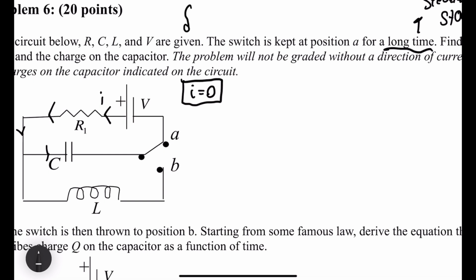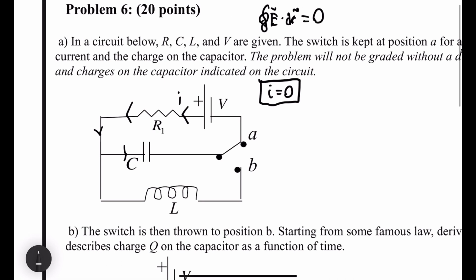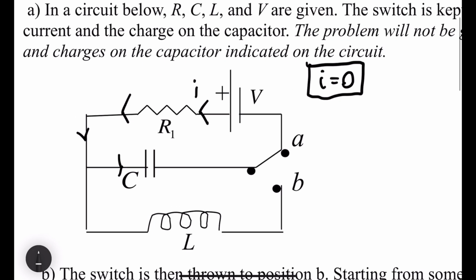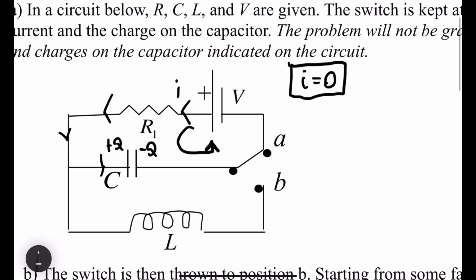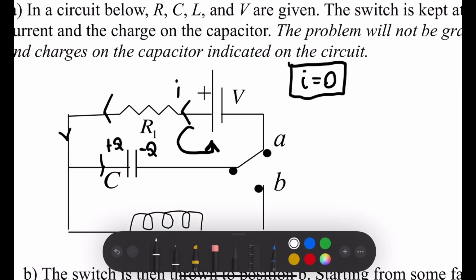And in steady state, remember the formula is the closed loop of E dot dr is equal to 0. Current is 0 because, again, it cannot flow through a capacitor. So I'll put plus Q and minus Q on the plates. If I go around the loop this way, I ignore the resistor because there's no current.